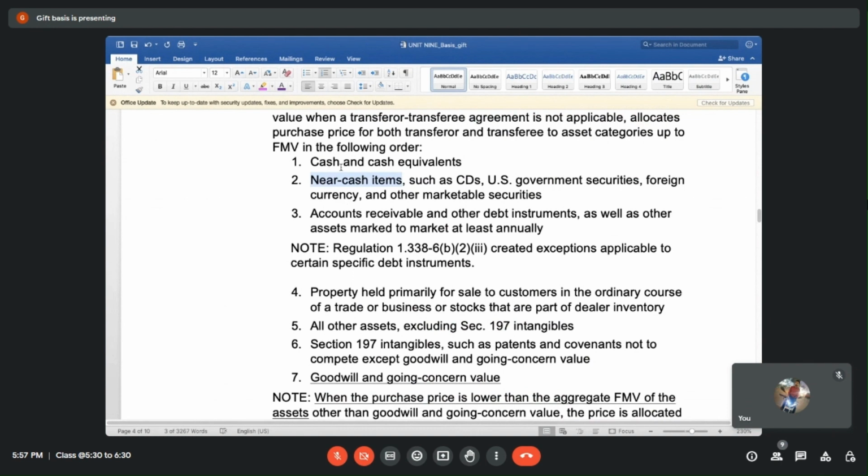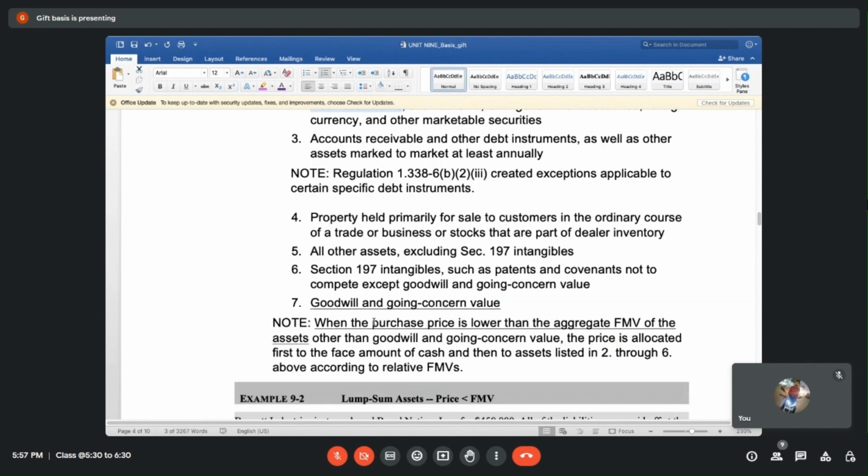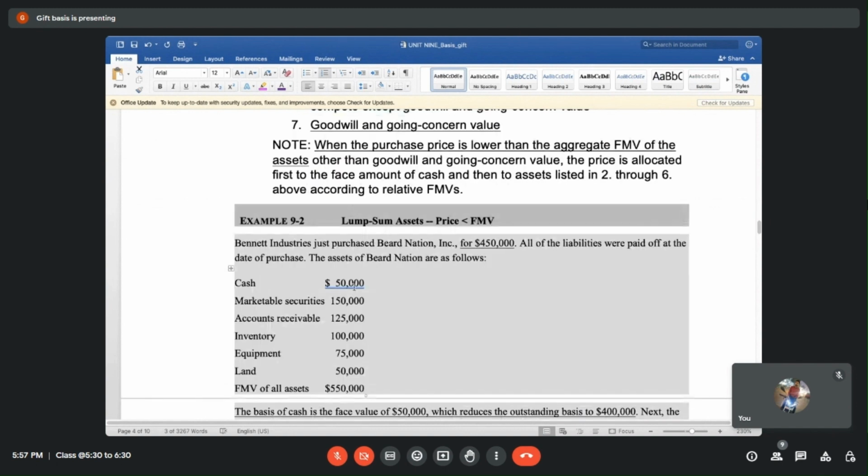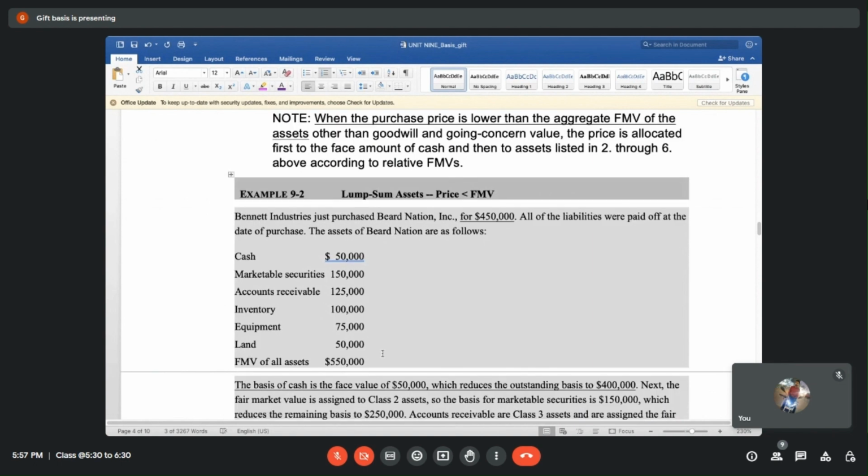The most liquid item on top needs to be considered first as far as the purchase price. We reduce the purchase price by the most liquid item to see what we come up with next. Go in the order of liquidity, and then see whether we are left with a surplus or a deficit.